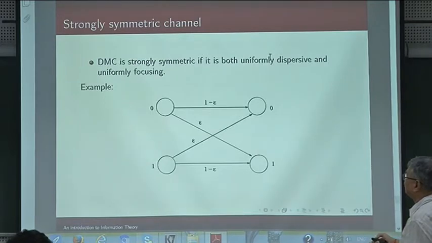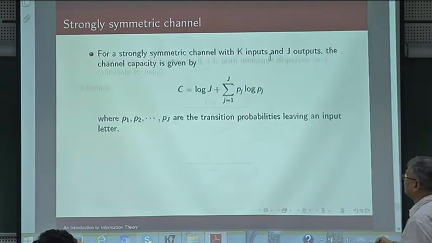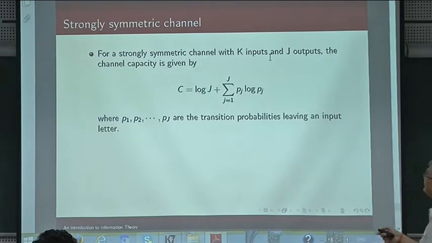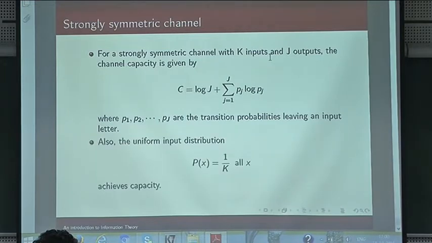And the last example that I want to discuss is where the DMC is strongly symmetric. In this case, it is both uniformly dispersive and uniformly focusing, and in this case again the expression for capacity is known, and that is log j plus the sum of pj log pj, where p1 to pj are the transition probabilities, and that is the input distribution that will achieve the capacity.